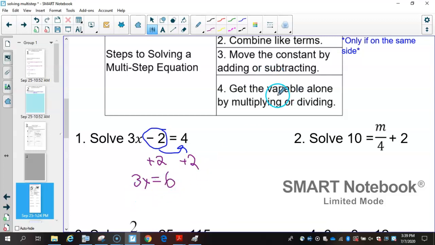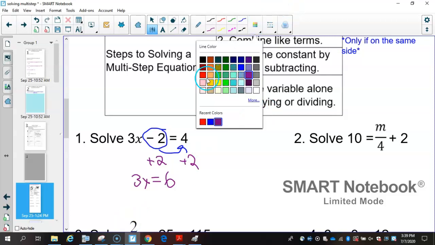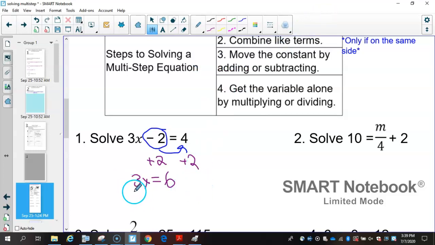Now, I still need to get the variable alone or by itself. How would we do that? If you said dividing by 3 on both sides, that was correct. What I do to one side, I have to do to the other. So if I divide 3 here, I have to do that here. When I divide these both by 3, or this 3x by 3, these 3's cancel, for lack of a better word right now.